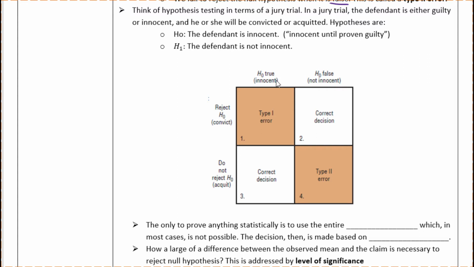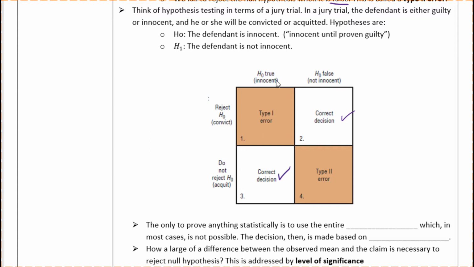If we reject the null and convict them and they're not innocent, then we made the correct decision. So these are correct decisions. If we fail to reject, which means we don't have enough evidence to show that they're not innocent, and they really are innocent, then we're doing things correctly.